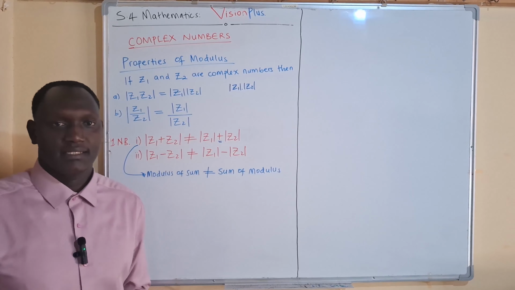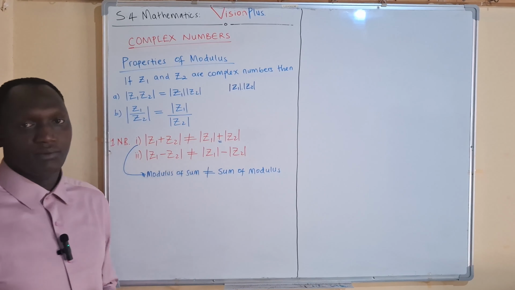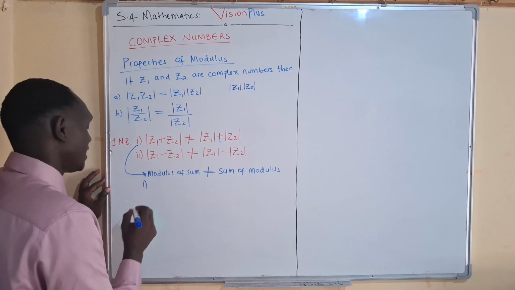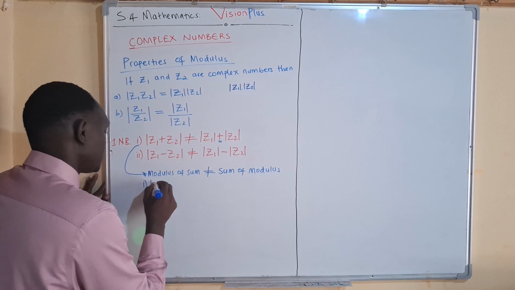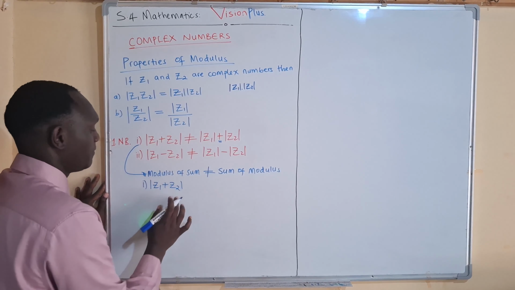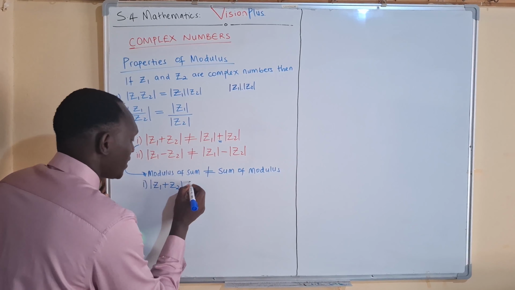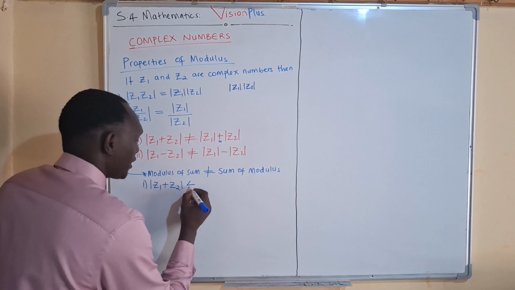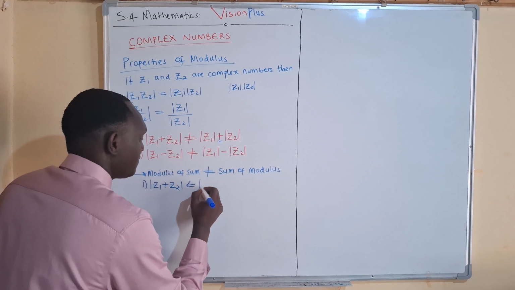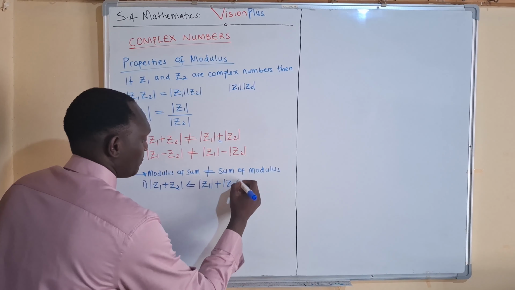Now, what then is the relation between the modulus of the sum and the sum of modulus? For Roman 1, the modulus of the sum, the magnitude of Z1 plus Z2, is always less than or equal to the sum of the modulus, that is the magnitude of Z1 added to the magnitude of Z2.